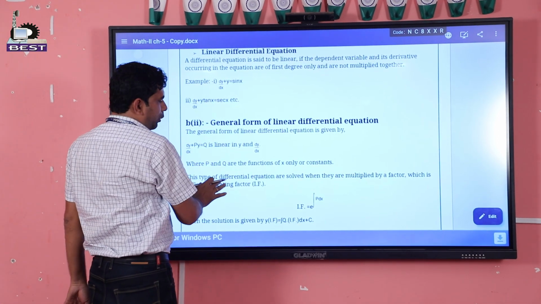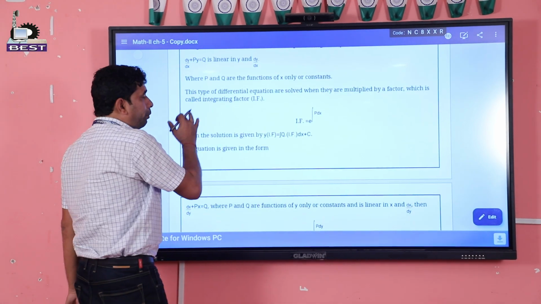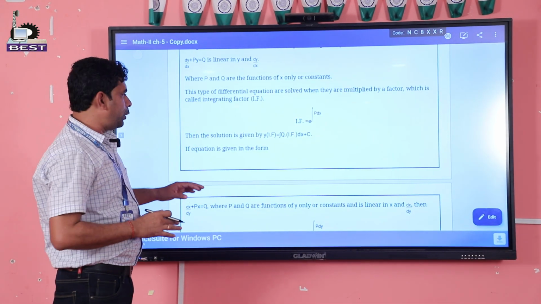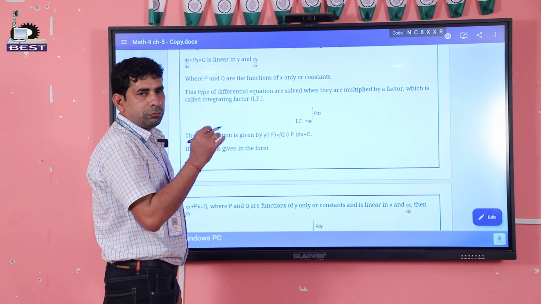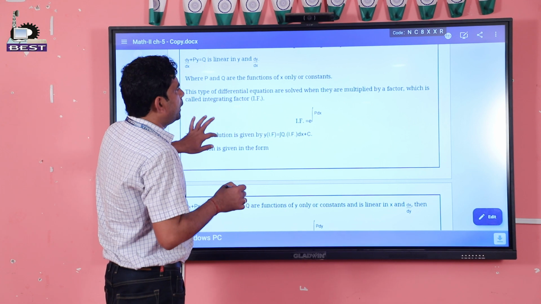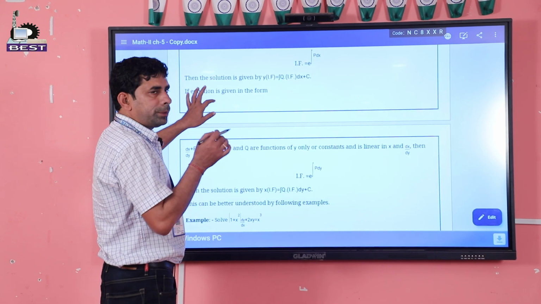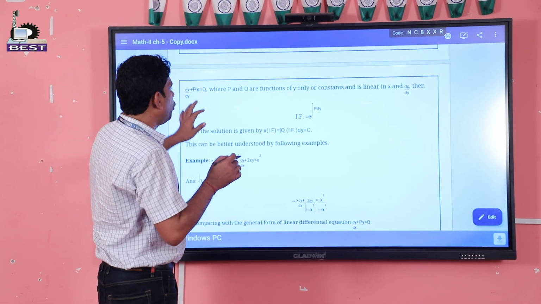This is one type of linear equation, but for the solution some parts are required. If the equation is of the form dy by dx plus p of x y equal to q of x, that equation is called a linear equation with respect to x. For example, let us go for the solution.